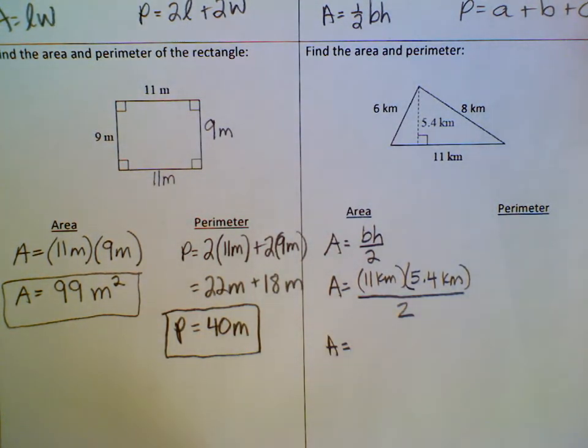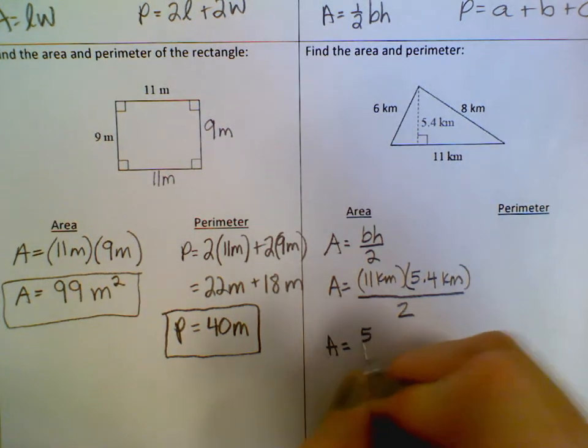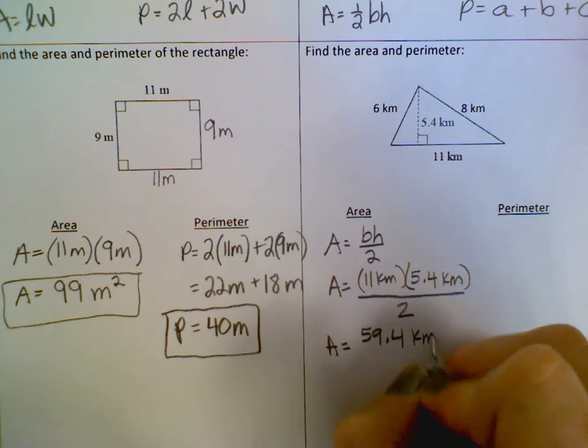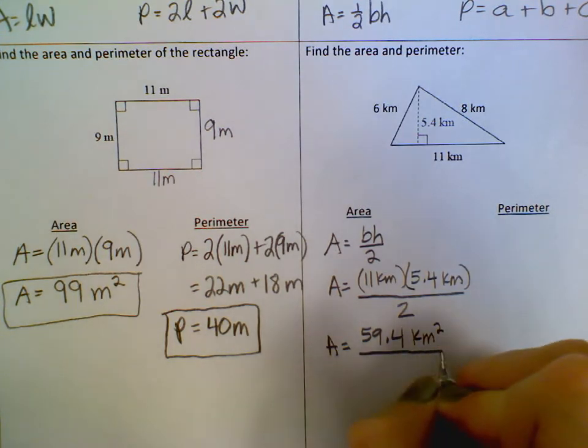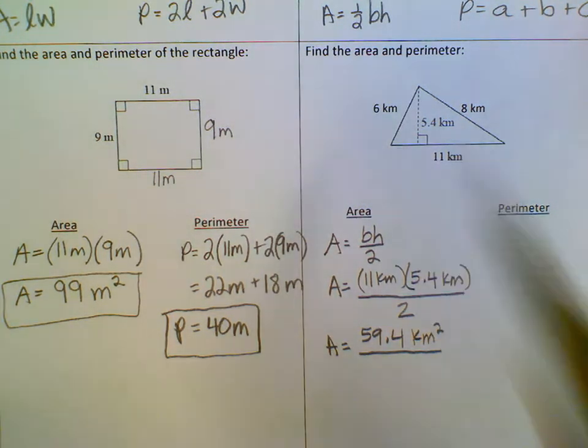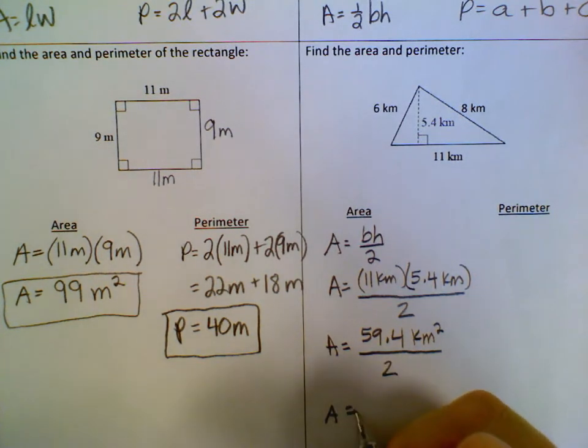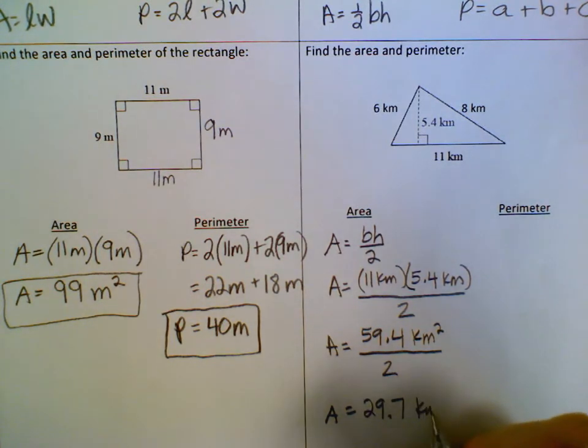All right, so that's 59.4. Kilometers times kilometers, that's where you get your square units. So think about covering that triangle with a bunch of squares. All right, and that divides to 29.7 square kilometers.